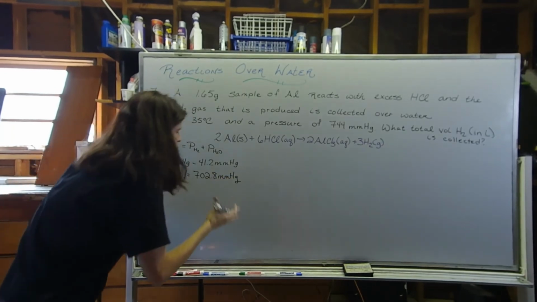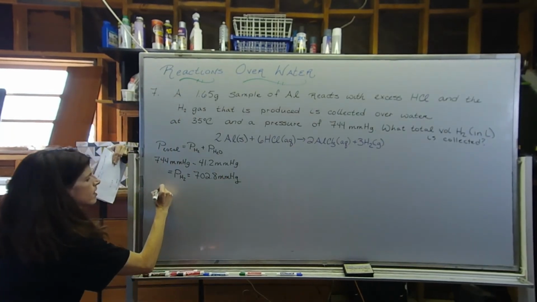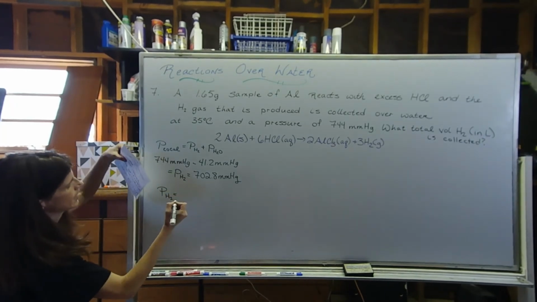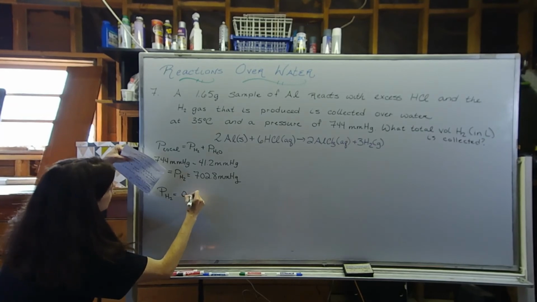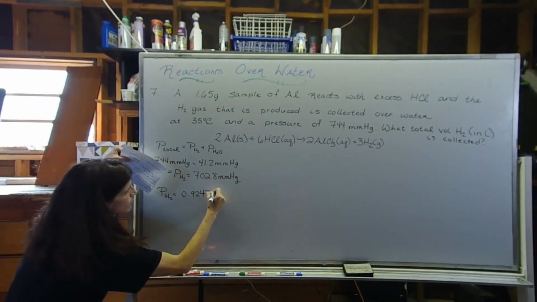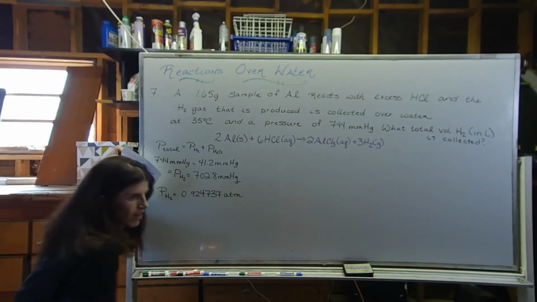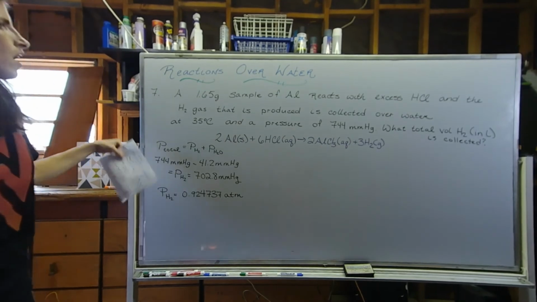I divided by 760 and found the partial pressure of the hydrogen gas in atmospheres. So 0.924737 atmospheres. Just getting ready for my ideal gas law, right?